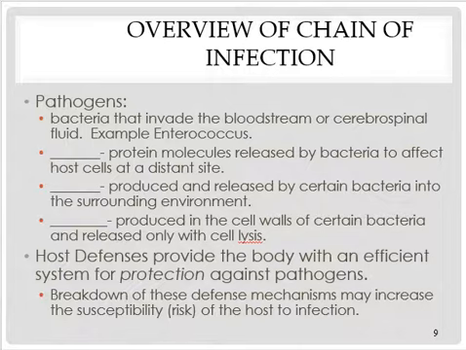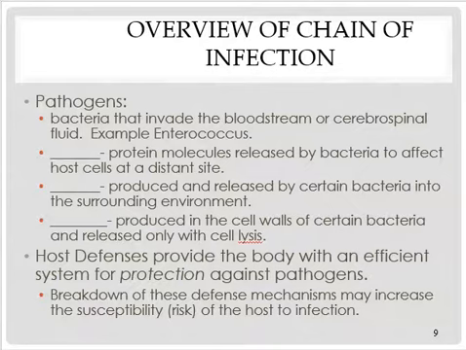To continue with the overview of chain of infection, we must have pathogens, and a pathogen is any microorganism, also called an agent, which is capable of producing disease. Pathogens include bacteria that invade the bloodstream or cerebrospinal fluid, for example, Enterococcus.